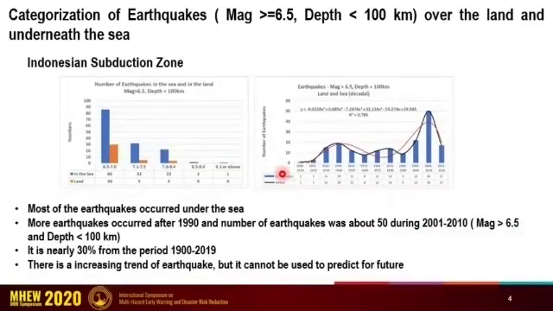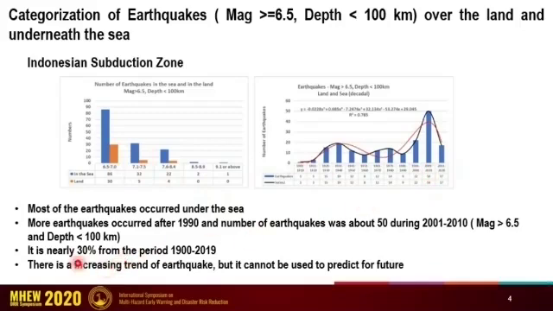Let me explain the categorization of historical earthquakes. You can see the behavior of earthquakes underneath the sea and over the land, having different magnitudes, but greater than 6.5. Since the year 1900, in the decadal categorization, the highest number of earthquakes occurred during 2001 to 2010.